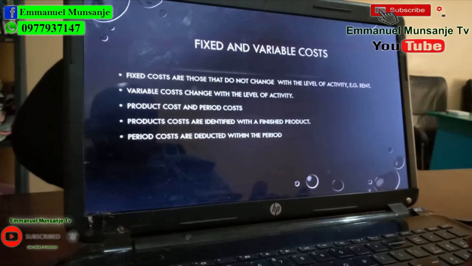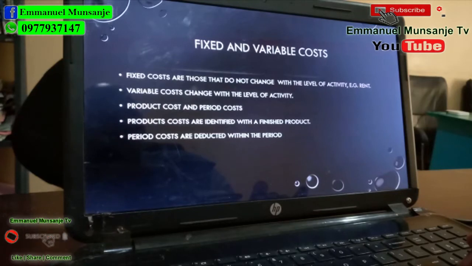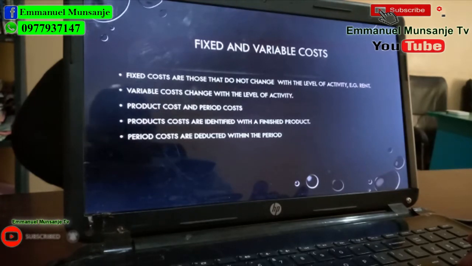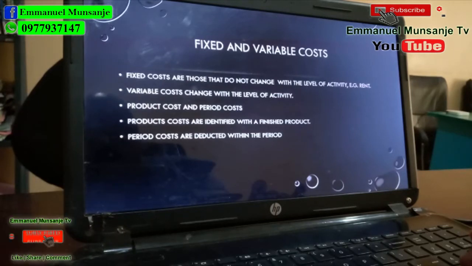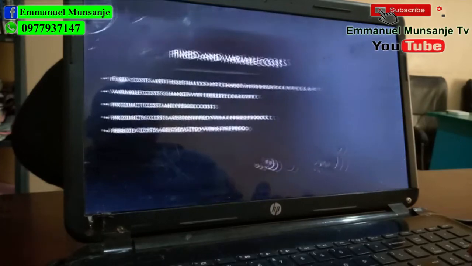That's why it's called fixed cost. The variable cost, vary means changing. The variable costs are those that change as you increase what you're doing. For example, if you're making bread again, you make 1 loaf of bread, you incur a certain amount of cost. The more loaves you make, the more certain costs will also increase proportionally. For example, the cost of flour will increase as you increase the number of loaves of bread that you are making.